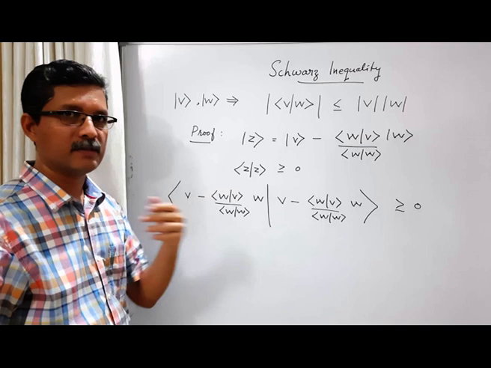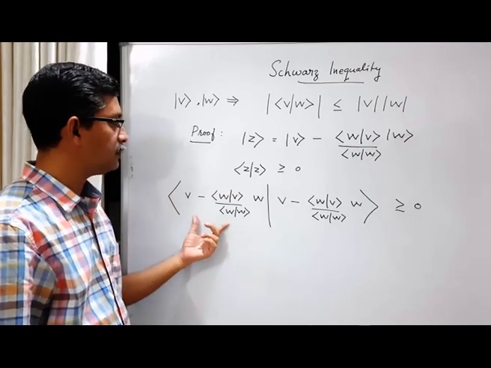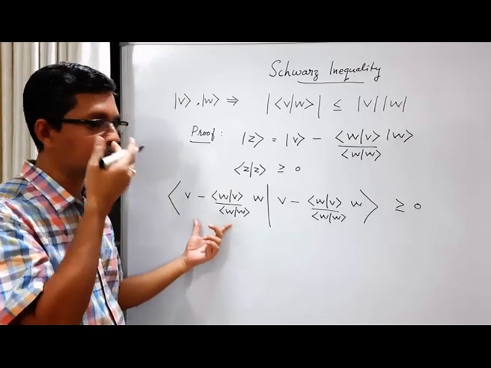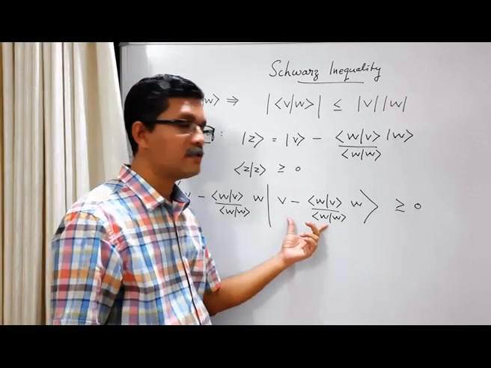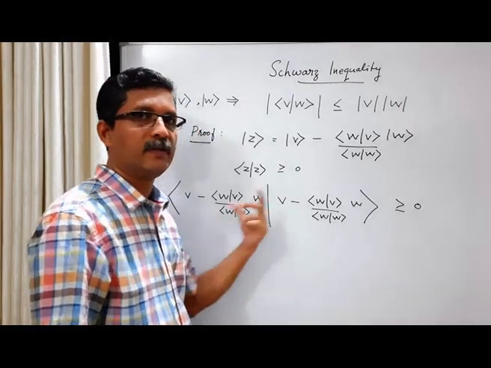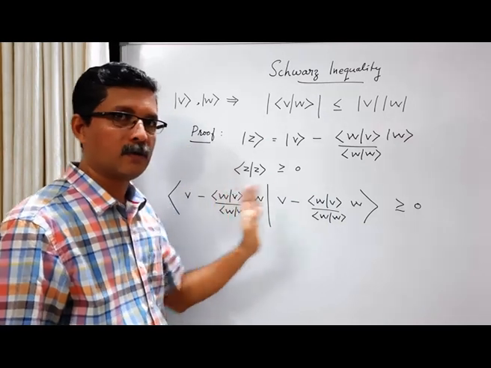Now we have to expand this. There are two terms, a linear combination of two terms, in the bra vector side. There are two terms in the ket vector side. So we will get four terms in the inner product.